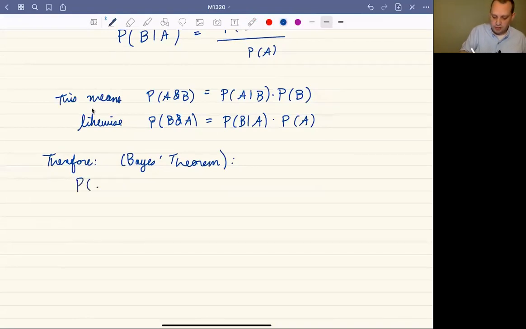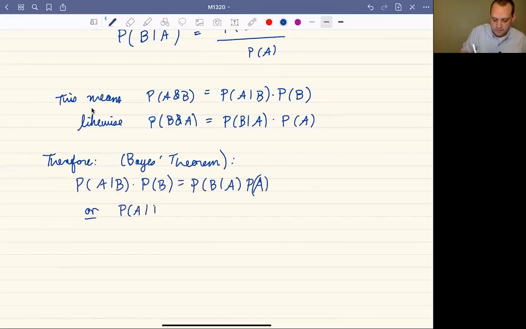We know that the probability of A given B times the probability of B is the same as the probability of B given A times the probability of A. Or equivalently, another way to write this is that the probability of A given B is the same as the probability of B given A times the probability of A, divided by the probability of B.